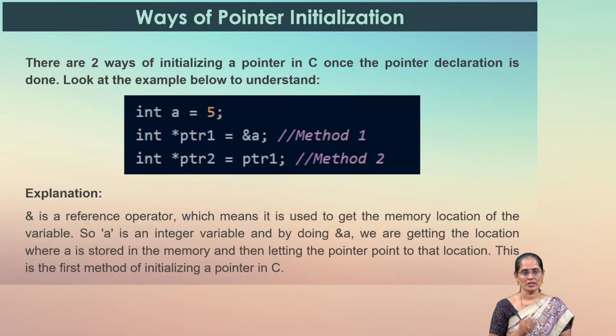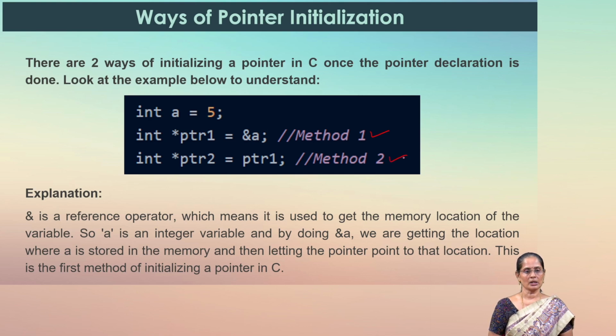Okay. There are two ways of initializing a pointer type variable in C. The first is to initialize a pointer variable by pointing it to the address of another variable. This is method 1, and method 2 is declaring a pointer variable which will point to another pointer variable. So, this is method 2.